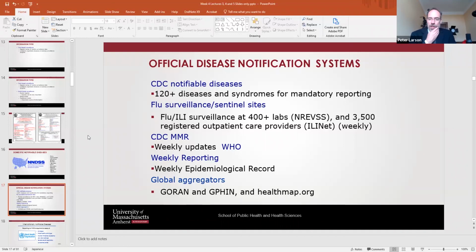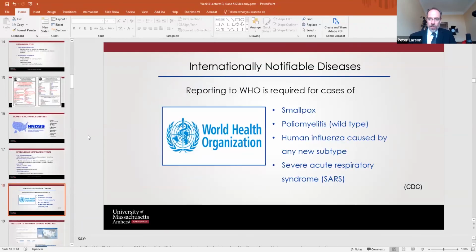Weekly reporting goes through the weekly epidemiological record, global aggregators, CDC, MMWR, weekly updates to the WHO. There are all different kinds of systems around the world. Reporting to WHO is required for cases of smallpox, polio, human influenza caused by any subtype, severe acute respiratory syndrome, and I'm pretty sure that COVID-19 is on this list now.